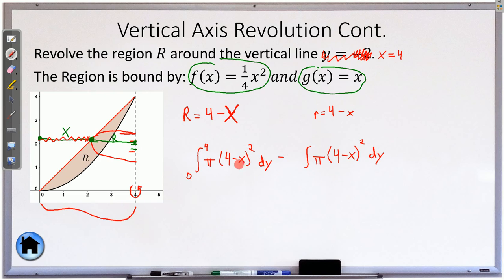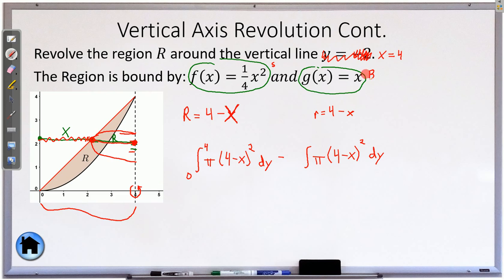Again, these x's are different. So let's take a look at the big radius. Which x does the big radius use? So our big radius goes from here all the way to here. That is touching the linear function. So now this one is going to be our big, and this one is actually going to be our small.